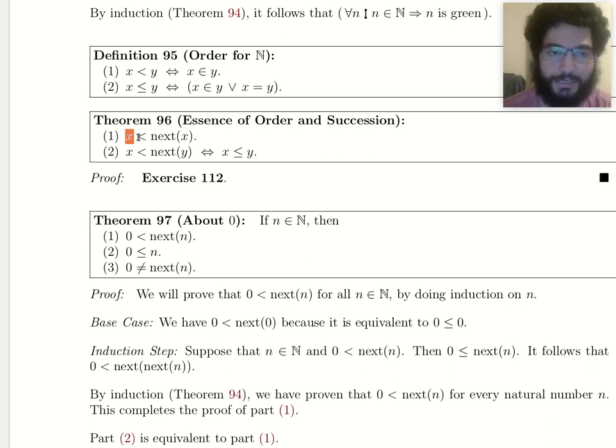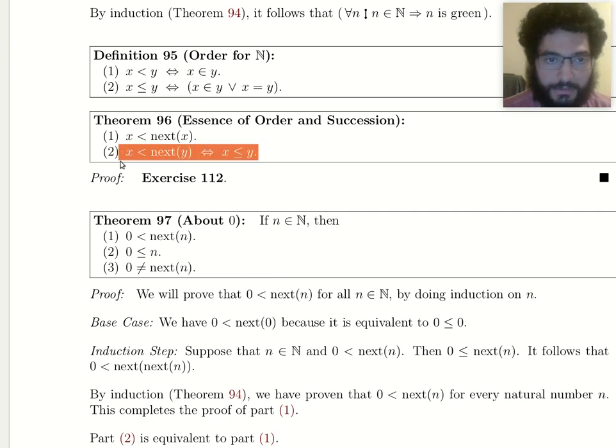Things should be considered to come before what comes immediately after them. Okay, good. And the way I try to remember this one is that if I see a less than and then a next together like this, no matter what the two things are, x and y, then I can merge these two symbols, less than and next, and they become this.